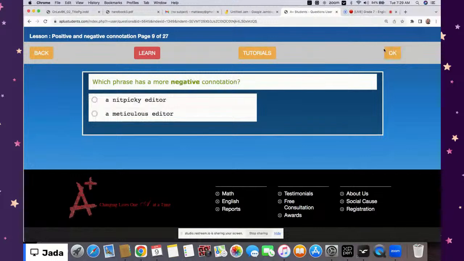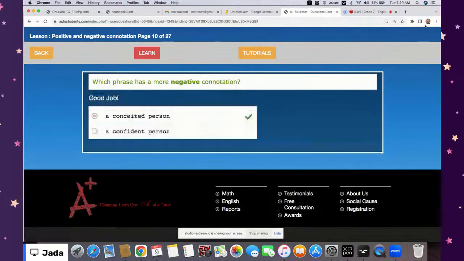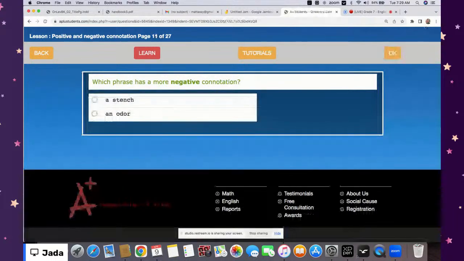So negative, nitpicker. Negative: conceited person, a confident person. This one. Okay, so if you are not done yet with this lesson, make sure you complete it.